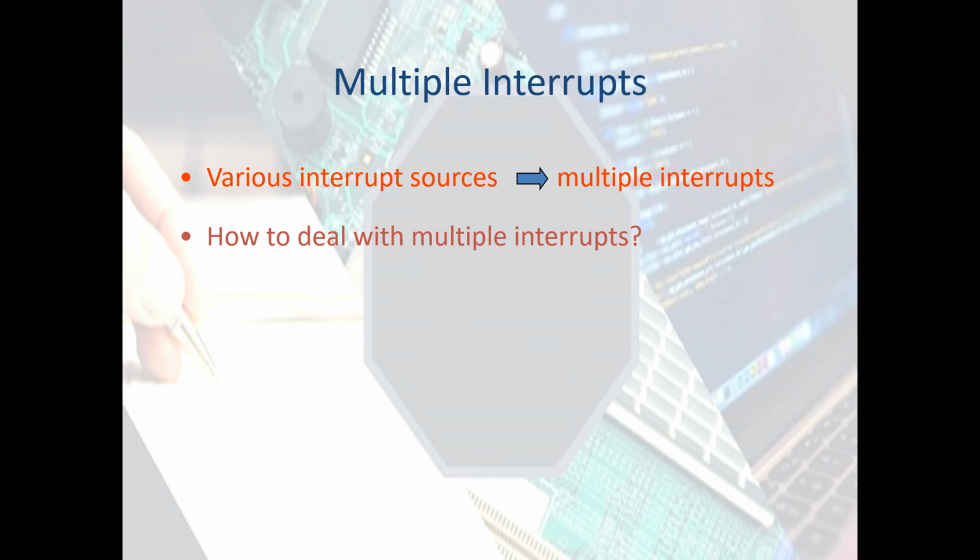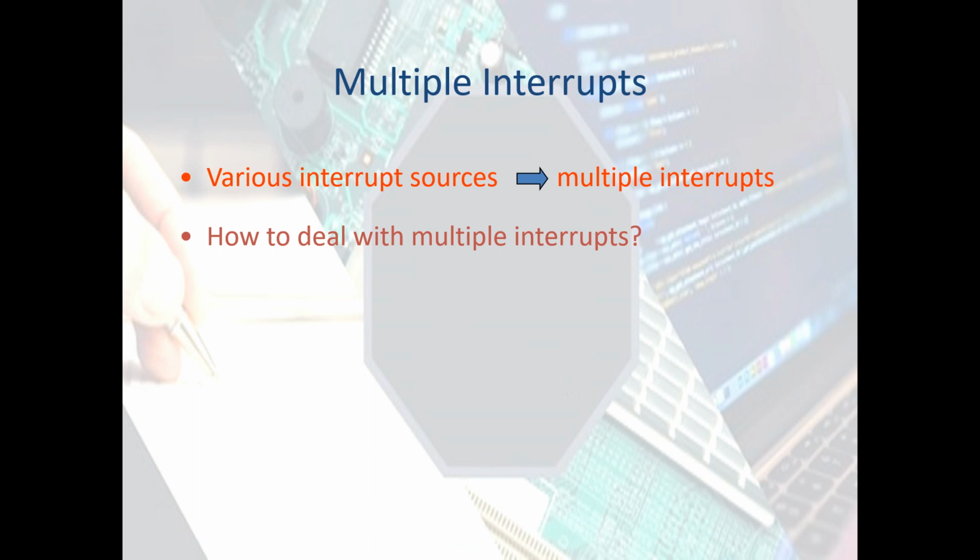Multiple interrupts refer to a scenario where a computer system can handle more than one interrupt at a time. In simpler terms, if multiple events occur simultaneously or in rapid succession, the system is capable of managing and prioritizing these interrupts concurrently.